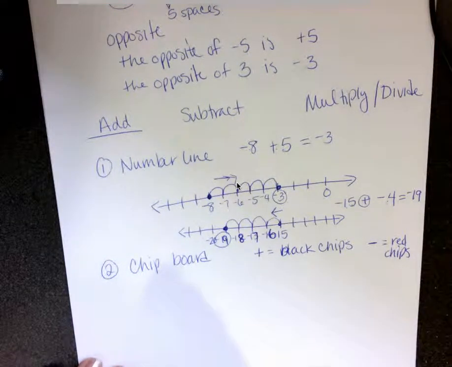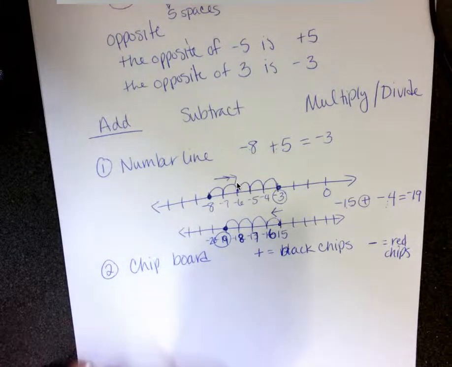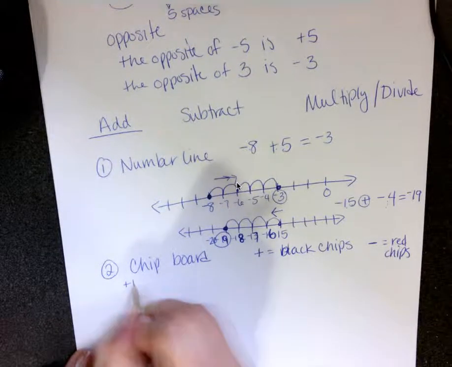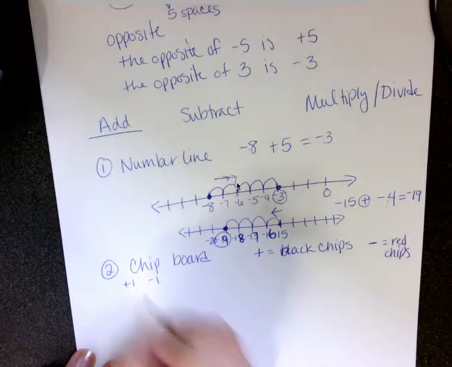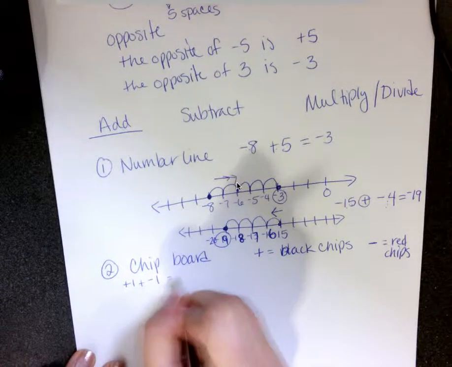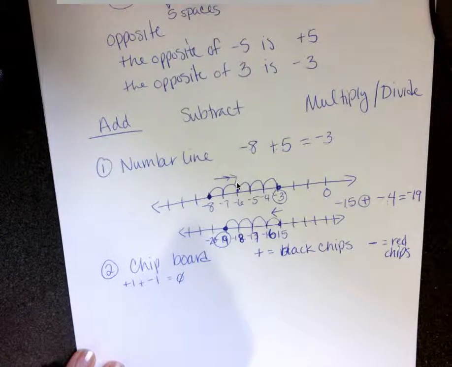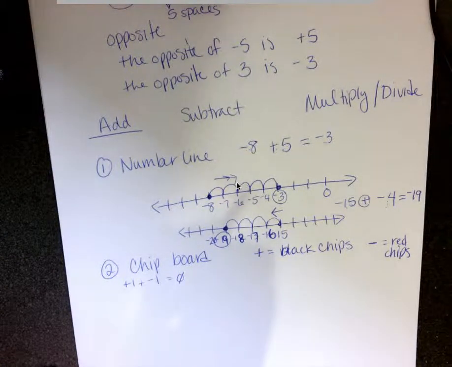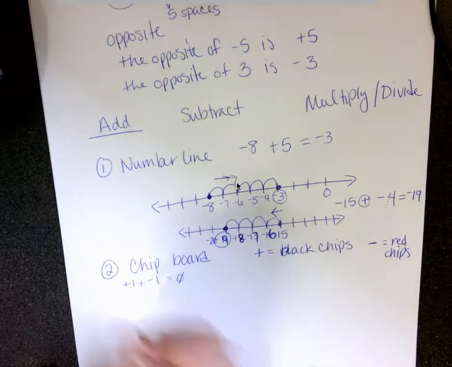We can use the same questions that we did before, but first we got to think about, what does a positive one and a negative one equal? If we add those together, what do we get? We're going to get 0, right? So keep that in mind. Putting together a positive and a negative give you 0.